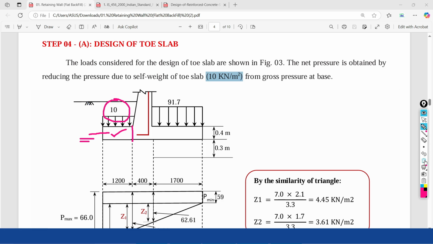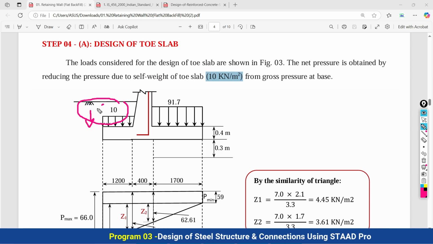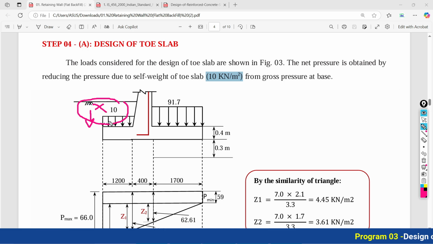But as per the codal recommendation, the soil present on this side is neglected, as we did in our previous calculation also. So only the self weight of this toe part of the base needs to be considered.